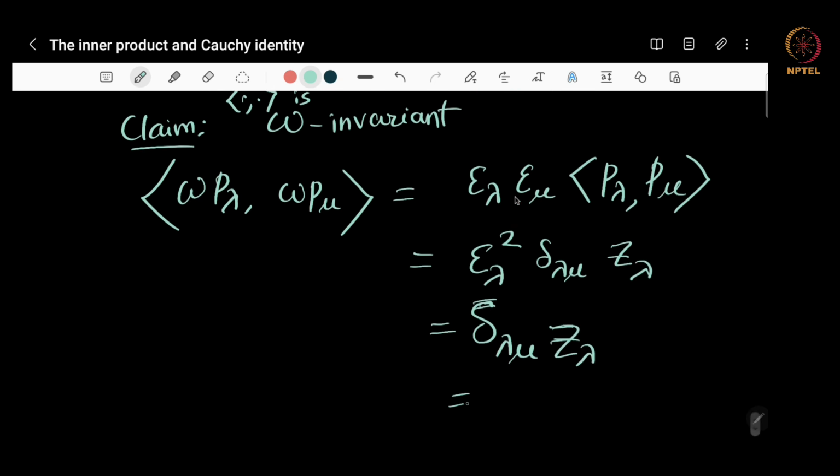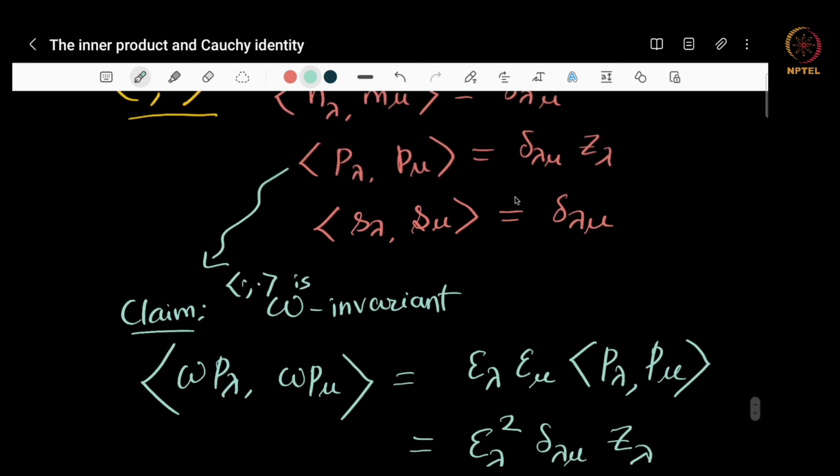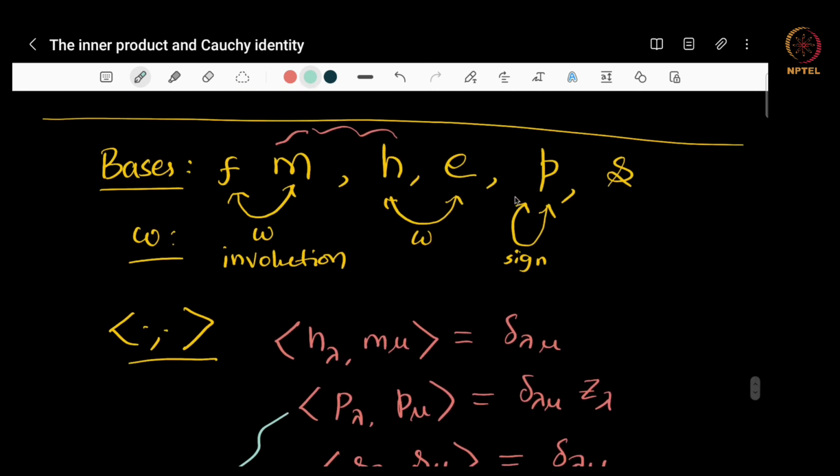And that's the same as the original inner product of P lambda and P mu. So what this second identity gives you is that the form is in fact omega invariant. This is an interesting statement in itself, because going back, M and H were dual with respect to the form, and the form is omega invariant. So it says that E and F are dual with respect to the form, just by applying omega to both of them. Great.